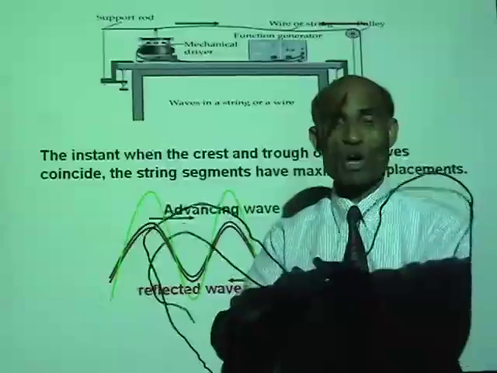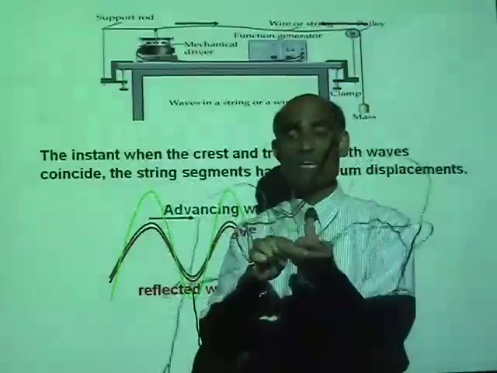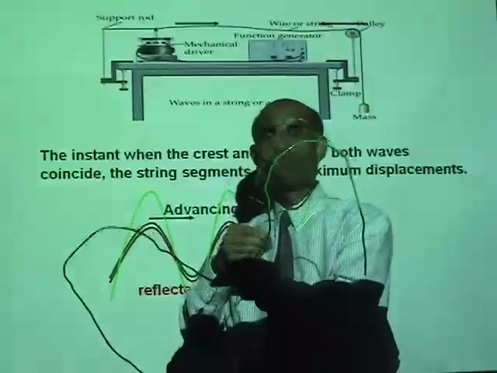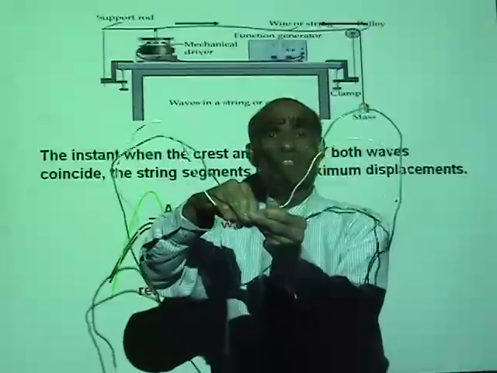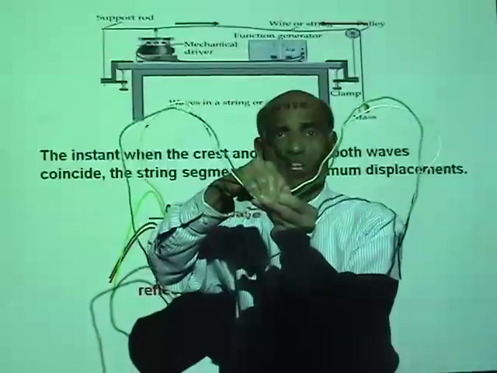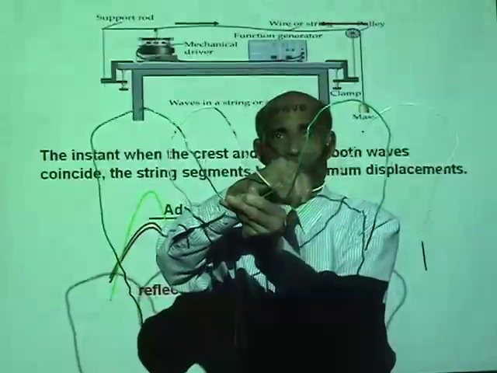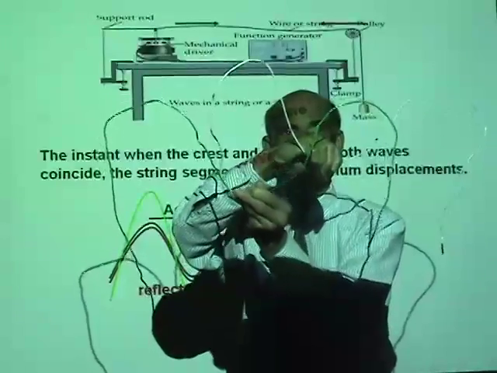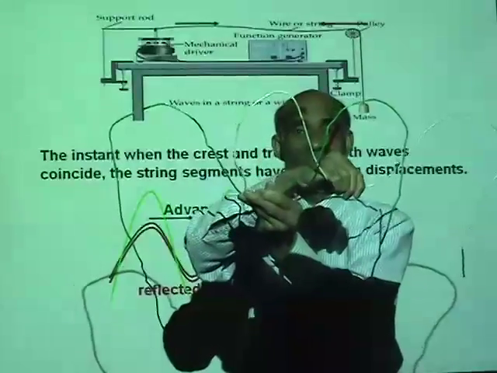Why? Because the green wave is advancing to the right and my white wave is advancing to the left. Now you can see they are now in phase. Now the green wave advances, the white wave also advances. What is the situation now?